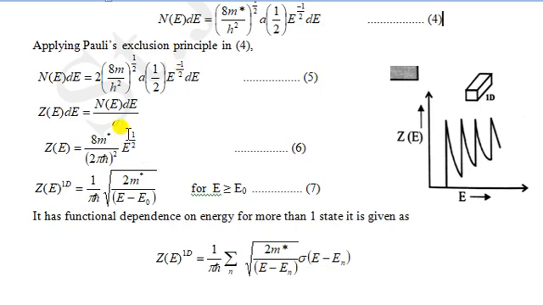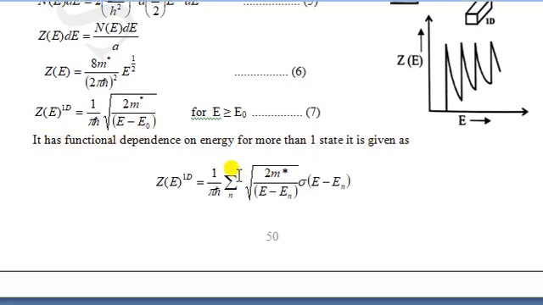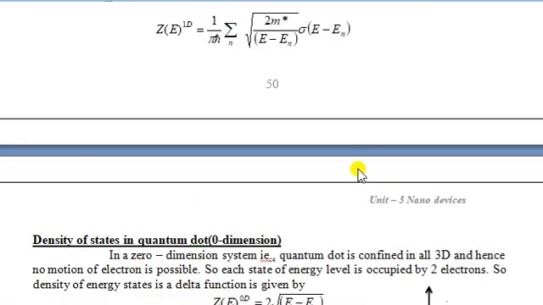But if we have more than one energy level, for example in a semiconductor, the functional dependence of energy for more than one state is given by: Z of E in one dimension is equal to 1 by pi h bar, summation over the energy levels, n of them, root of 2m star by E minus En, into the step function sigma of E minus En.